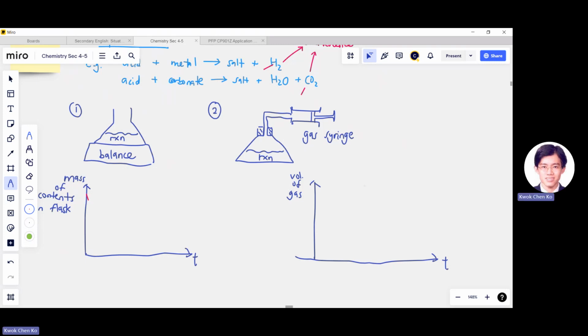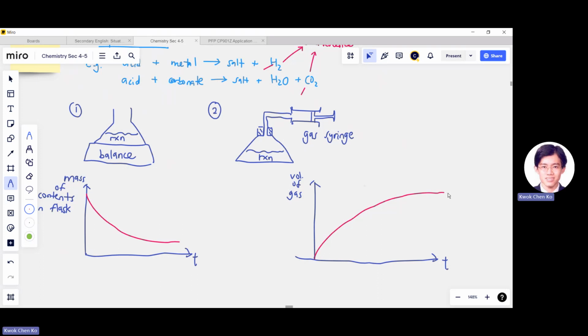Okay, for this one, you should see a downward curve. Don't go and draw upward curve. You should see this. Yes, good. From 0, it should increase from 0. Okay. So, in fact, next time you don't even need to tell you. Once you see a downward curve, it's mass versus time. Upward curve, volume versus time.